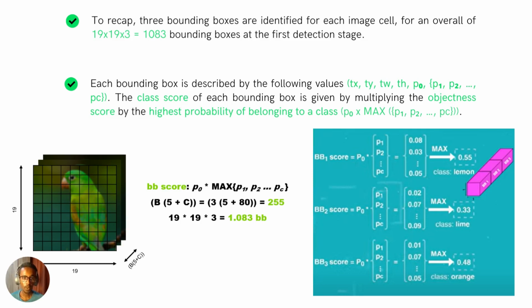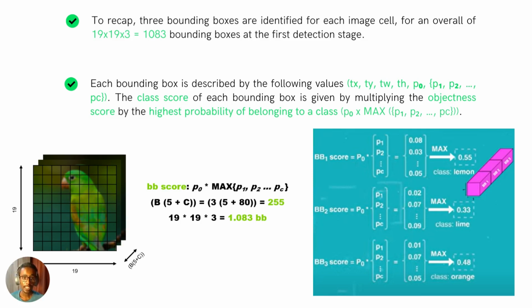Each bounding box is described by the following values. The 3 bounding boxes that we're going to predict have the coordinate values tx, ty, tw, and th, p naught will be the objectness score, and p1, p2 up to pc are going to be the class scores.